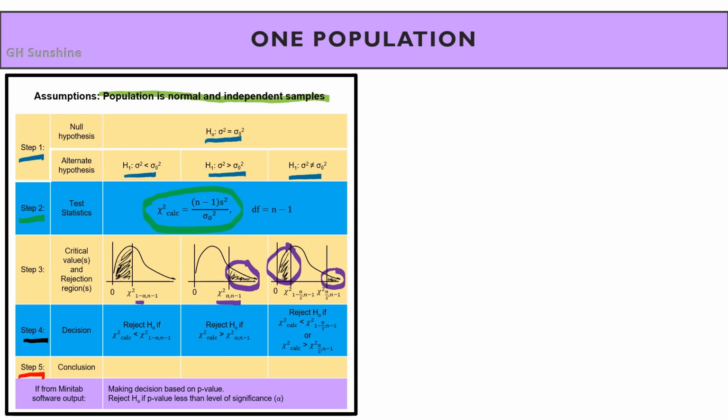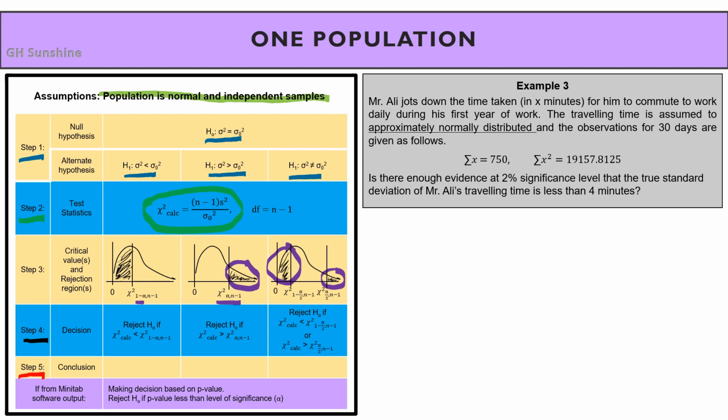So as usual, if the Minitab output is given, reject H0 if the p-value is less than the alpha value. So look at this example. Mr. Ali jots down the time taken for him to commute to work daily during his first year of work. The traveling time is assumed to be approximately normally distributed and the observations for 30 days are given as follows.